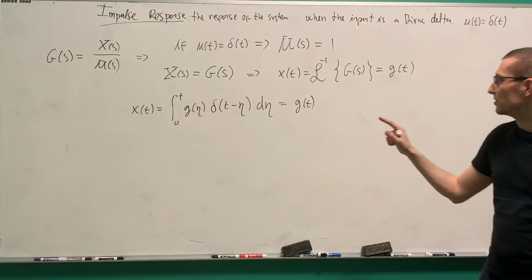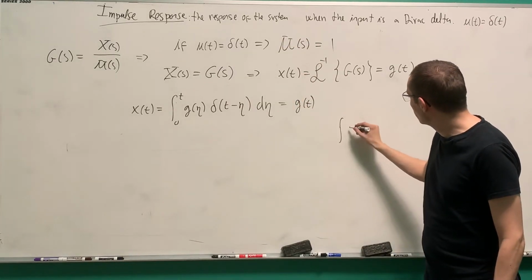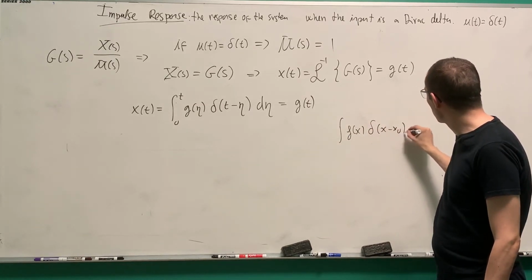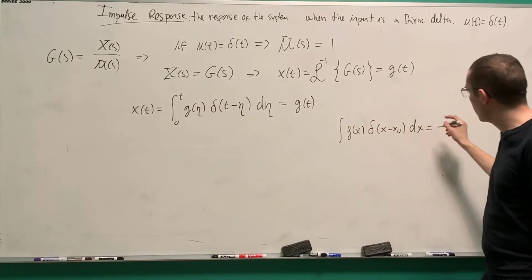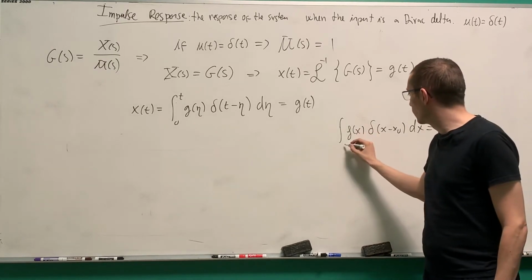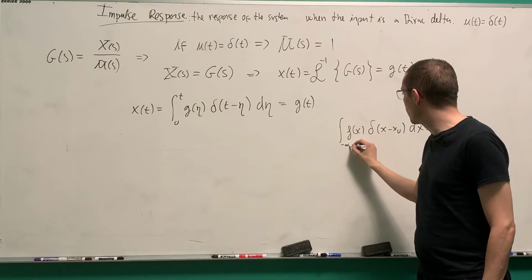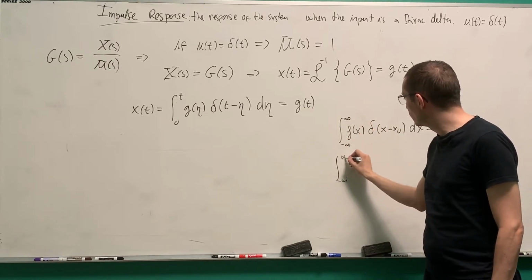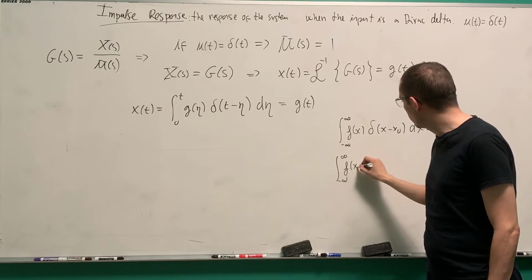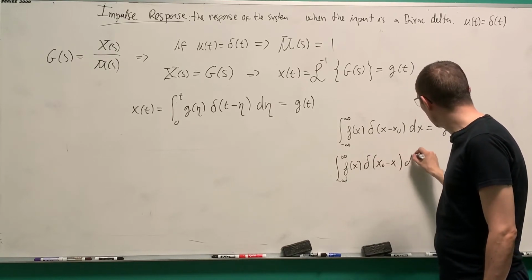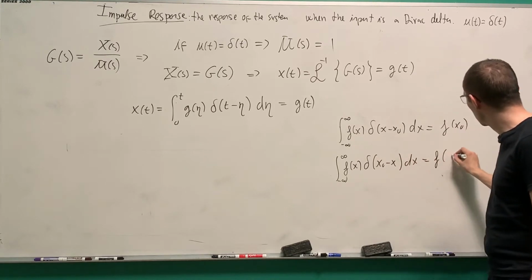By the way, little note. You may have noticed, of course, I've told you that the integral of f of x delta of x minus x0 dx equals f of x0, when this includes the domain, for example, let's do minus infinity to infinity. Now, you may wonder, because you've seen it right now, if the integral of f of x delta of x0 minus x dx is also this.